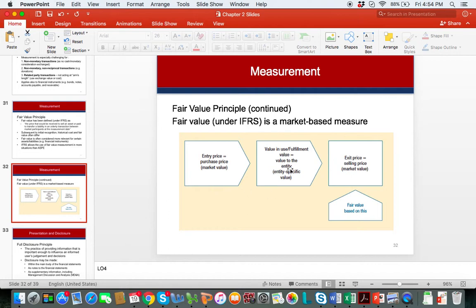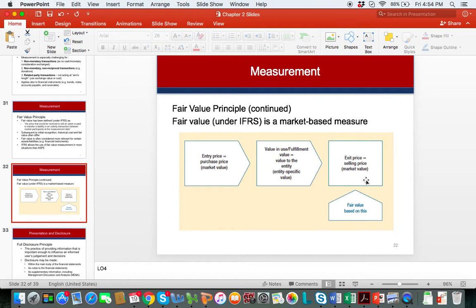Then we have a value in use, or say depreciation. We look at this in chapters 10, 11 and 12. And then the exit price, so the selling price, the market price. So it's the fair value based on this. So if I bought a machine today for 20 million, and I've depreciated it down by 10 million, so I have a carrying amount of 10 million because I've depreciated 10 million of the 20 million.